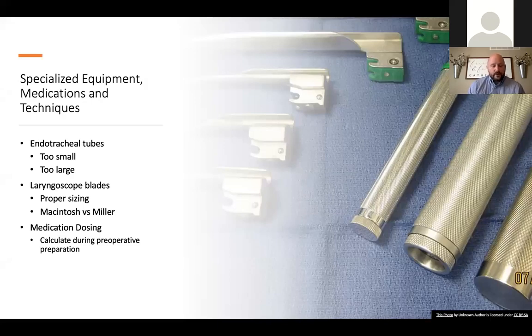The anatomical and physiological differences which exist among adult and pediatric populations also necessitate special consideration to be paid to equipment and medications. For example, endotracheal tubes: due to the anatomic variability and potential for adverse outcomes associated with incorrectly sized endotracheal tubes, selecting an appropriately sized tube is crucial.